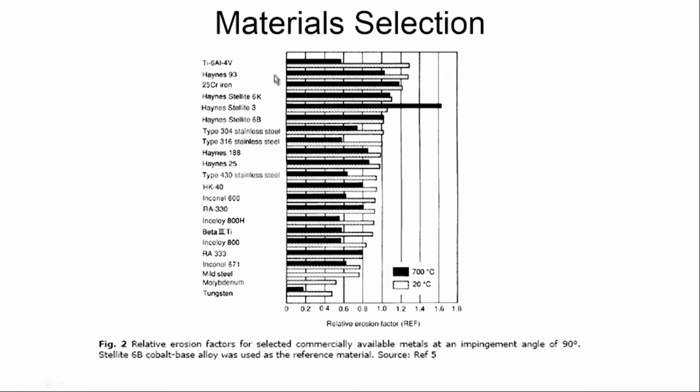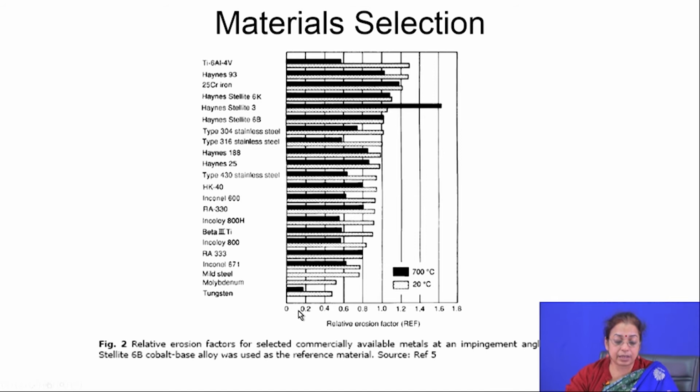In some of the metallic materials, you will find that the relative erosion factor decreases in all cases, except for stellite, where it increases. So, the relative erosion factor gives you an impression for the selection of the material. Lower is the relative erosion factor, naturally higher is the stability of the material in that environment, and you should choose the material accordingly.